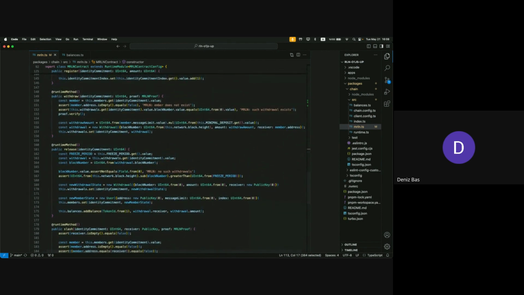It's also important to differentiate the two terms, withdrawing and slashing, in the RLN protocol. In withdraw, the account that withdraws an identity commitment and the stake is the same one that registered it. But in slashing, the account that withdraws an identity commitment and stake is different from the one that registered it.